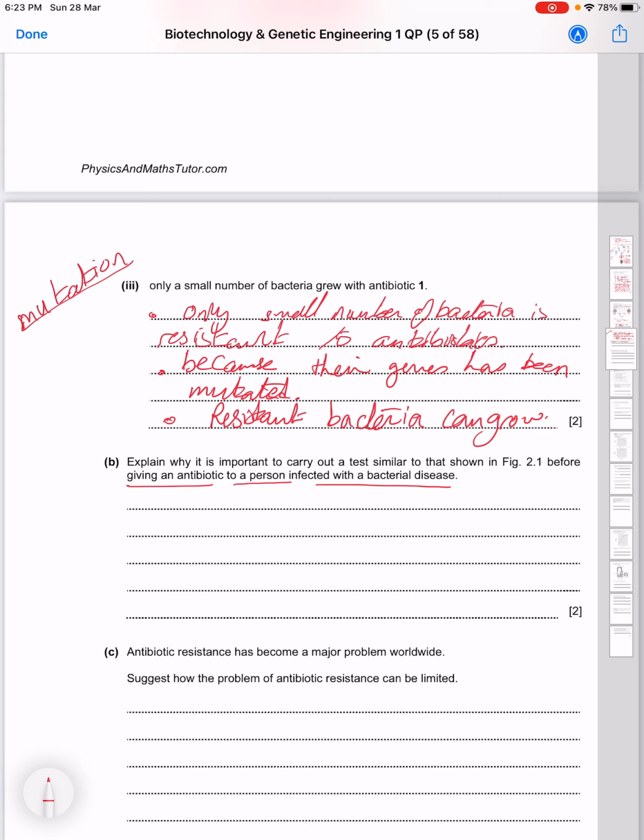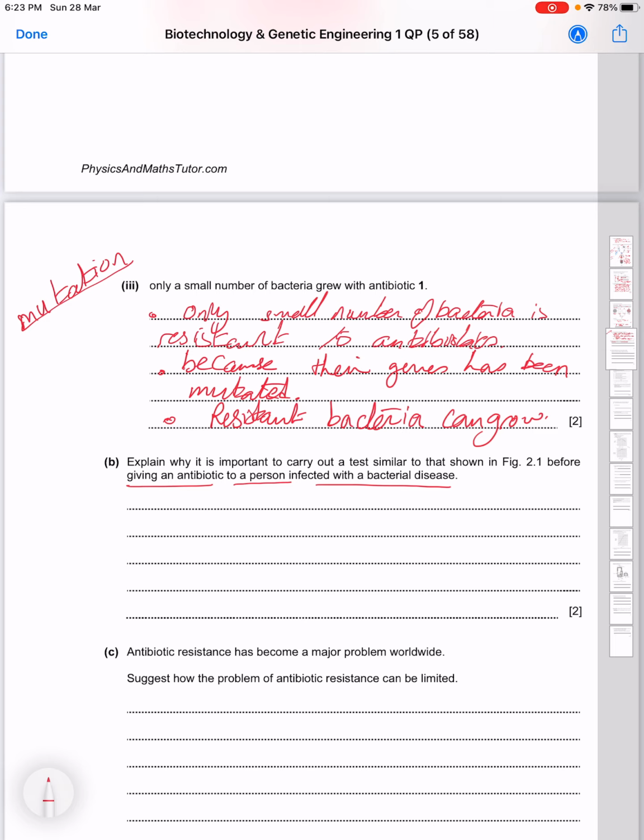I don't want the bacteria to become resistant to antibiotic, so I should make this kind of test to prevent the antibiotic resistance, to make sure I'm using the most effective antibiotic to kill this bacteria. Because if I'm not using the most effective antibiotic, not only this person will not be cured, also the bacteria can be more resistant or can develop resistance. So I don't want that to happen. Okay?